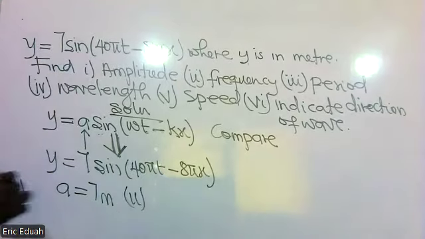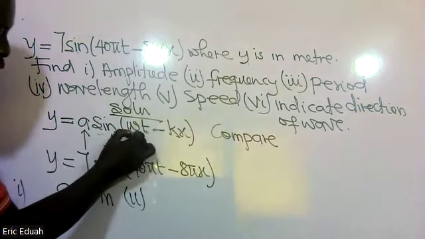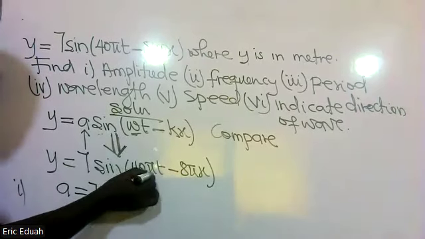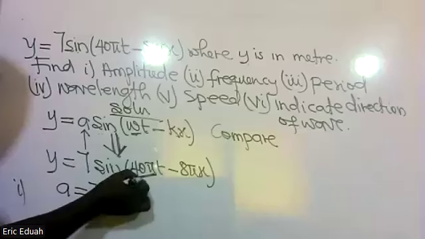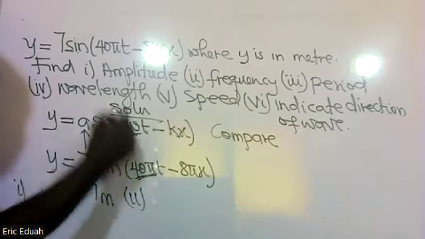II, frequency. When we compare, omega in the general progressive wave equation is equal to 40 pi, because if you pick omega t, 40 pi t, the t will cancel out.